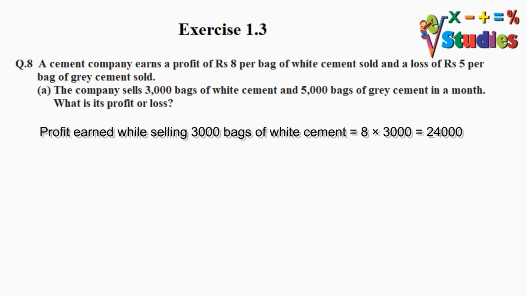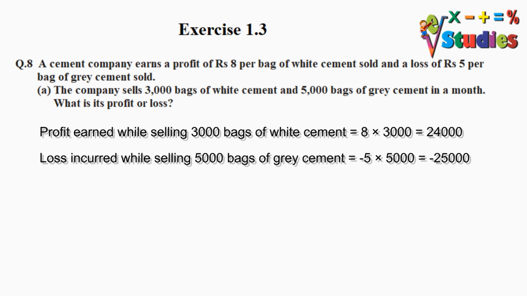So rupees 8 multiplied by 3,000 bags will give us rupees 24,000 profit. Now looking for loss, let's find out the total loss incurred. Here they have sold 5,000 bags of grey cement and they are losing rupees 5 per bag. So negative 5 multiplied by 5,000 will give us negative 25,000.